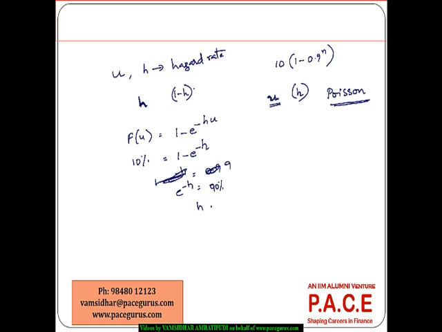And from here I can very well find out minus h is log 0.9, and h will come out as minus log 0.9, whatever it is. So some kind of a probability is going to work out for h, which will map your f of u to 10% for 1 year, 19% for 2 years and so on.